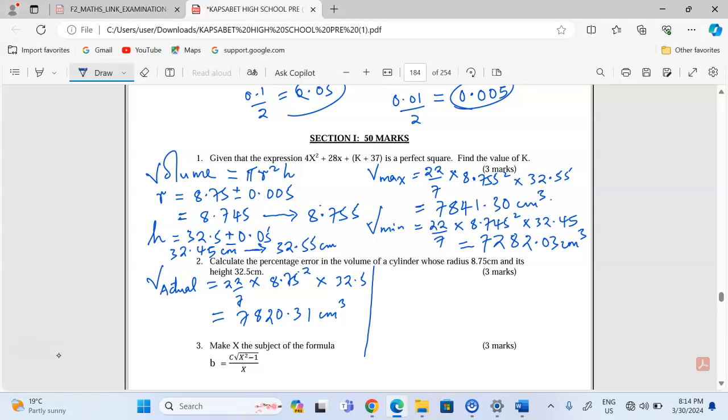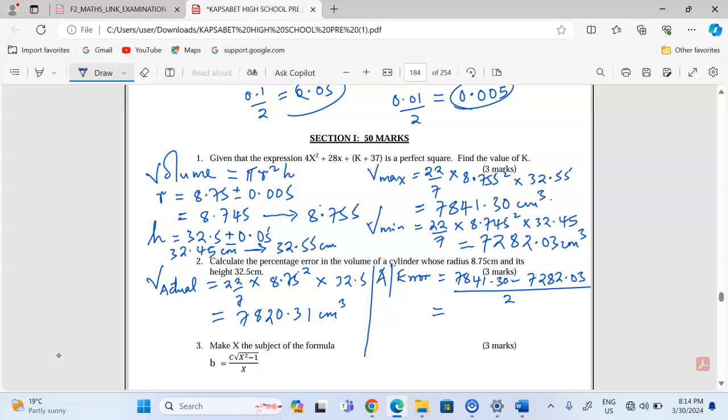Now with volume maximum, volume minimum, and actual volume, we can talk about the absolute error. The absolute error requires volume maximum, 7841.30, minus volume minimum, 7282.03, divided by 2.